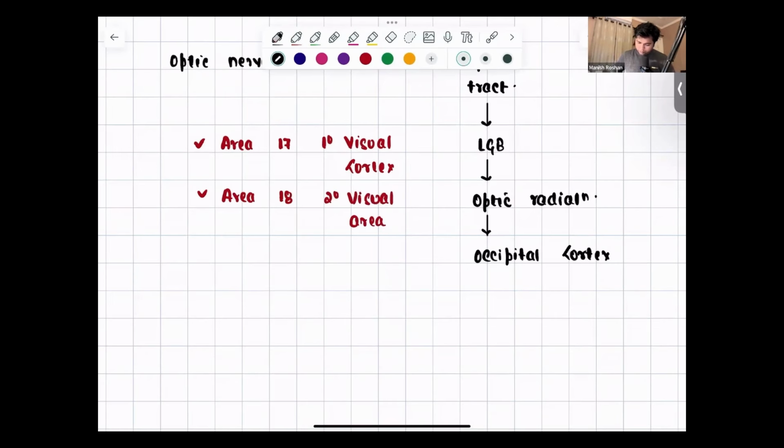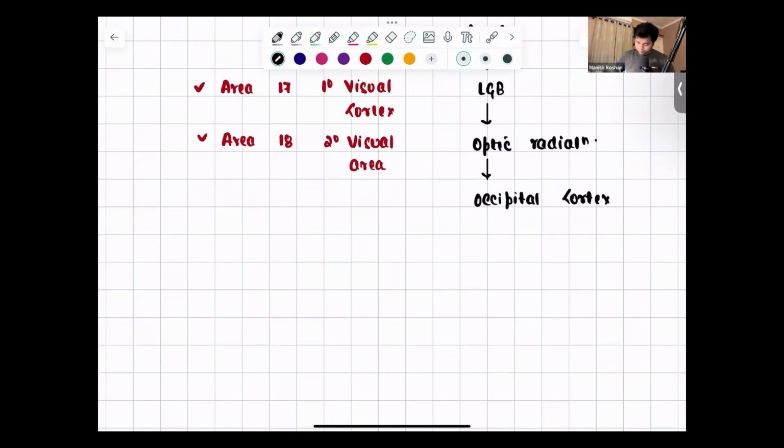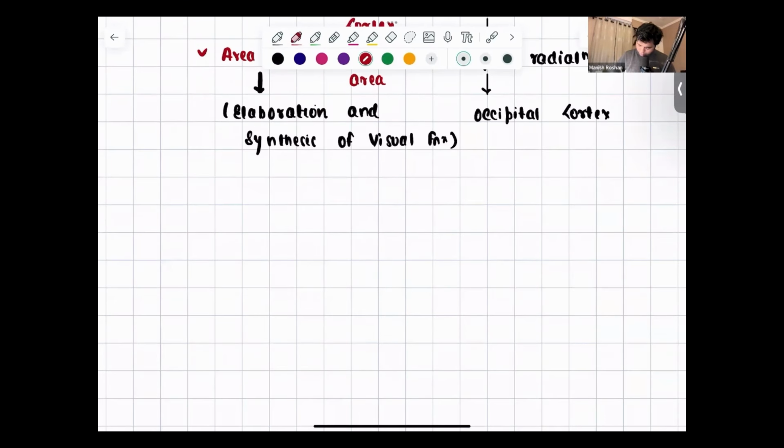This is associated with elaboration and synthesis of visual function. This is area 18.